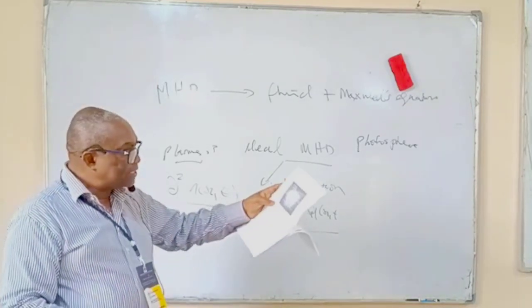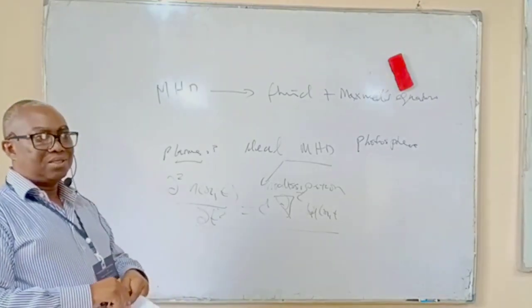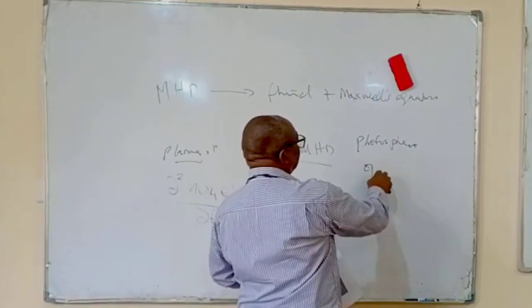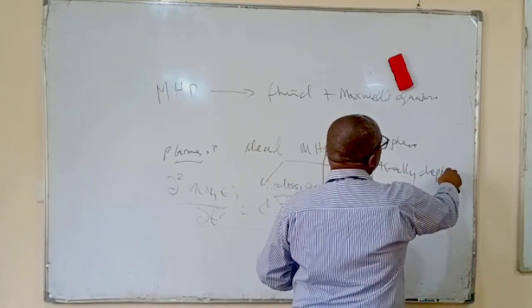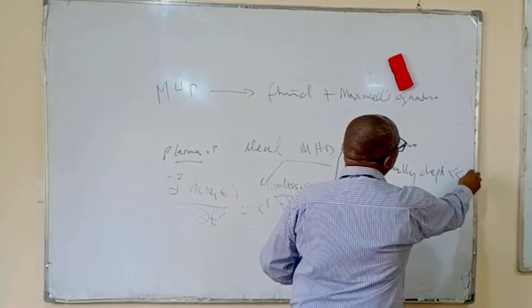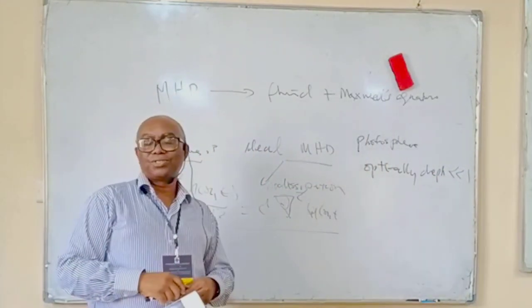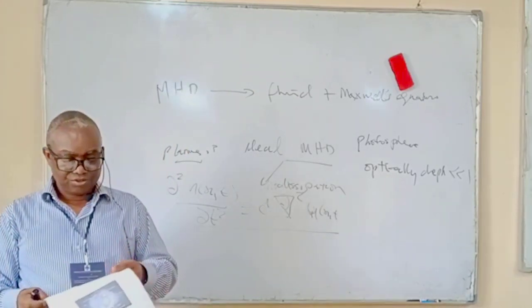And in this place, what we call optical depth of this depth is actually less than 1. That is why we can see this light with our naked eyes.